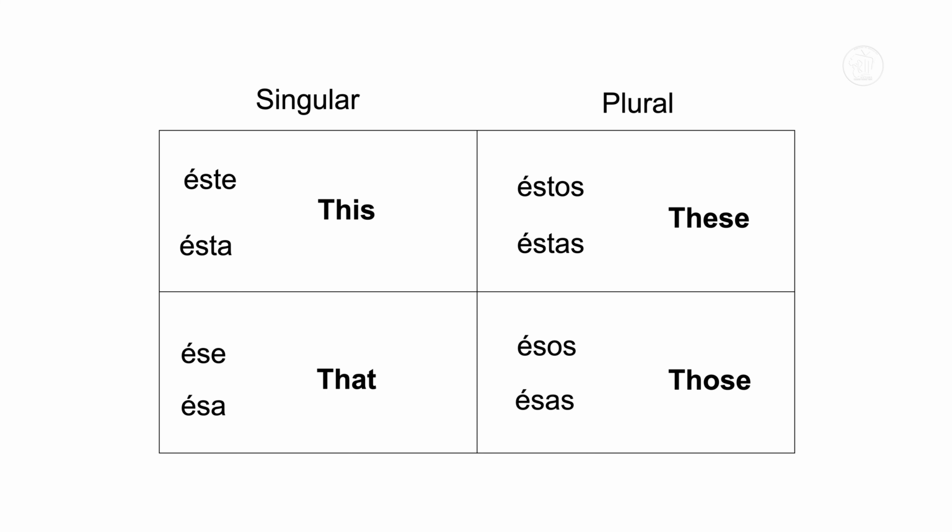Both estos and estas mean these. Now we'll take a look at those. The masculine plural for those is esos. And the feminine plural, esas.